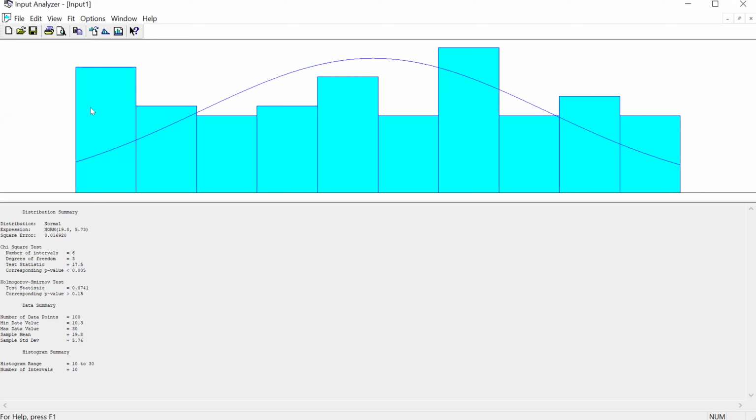So for this data, we have two options: the beta and the uniform. If you decide to go for the beta, then the expression you have to use includes that 10 plus 20 times beta. You have to copy the whole thing and put that into your model. The whole thing is part of the expression.